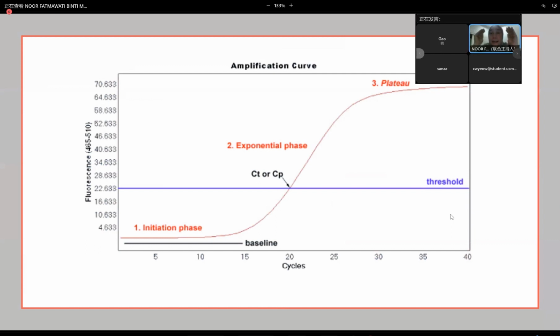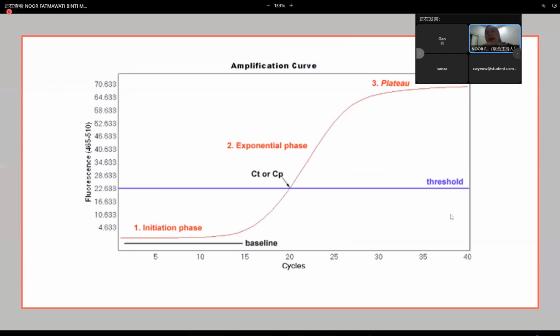Now it has changed into a digital number, so you can trace how much of the product is being amplified. Okay, so for every cycle, it will amplify, meaning more fluorescence is being captured, and then after some time, all the components run out.